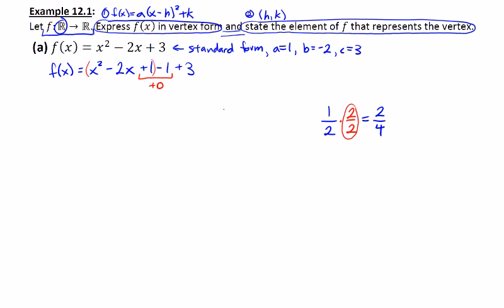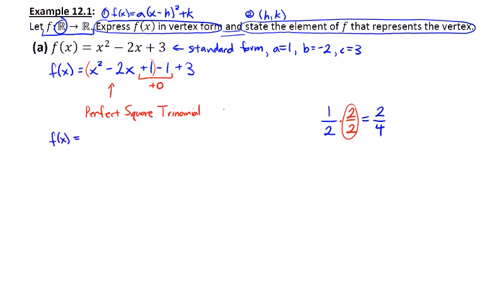So I'm going to group together the first three terms, x squared minus 2x plus 1. These first three terms are known as a perfect square trinomial. Perfect square trinomials are of particular importance with this type of rewriting because they allow me to factor into two of the exact same factor. Watch.